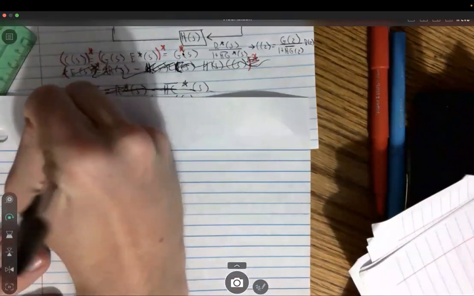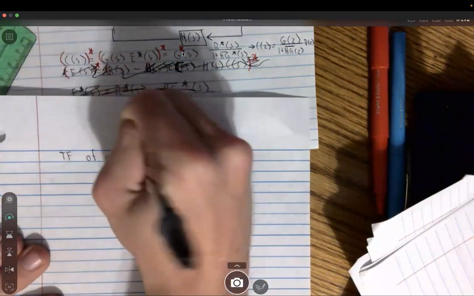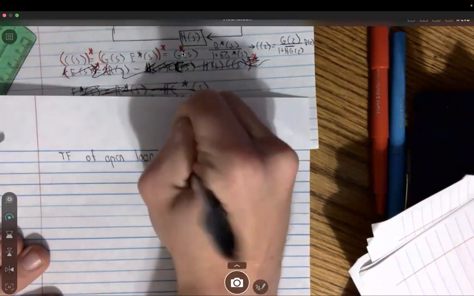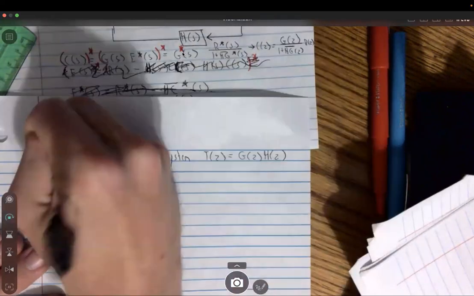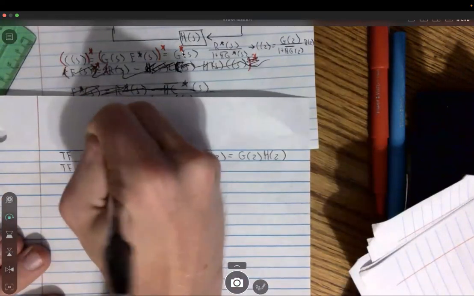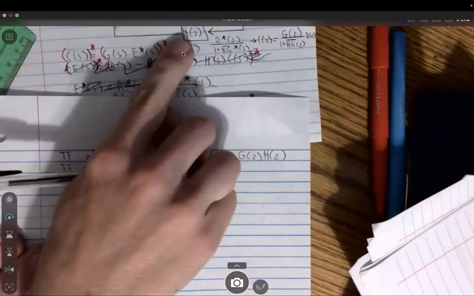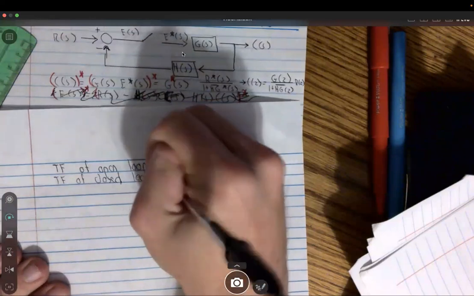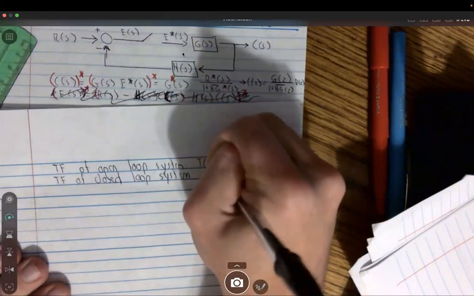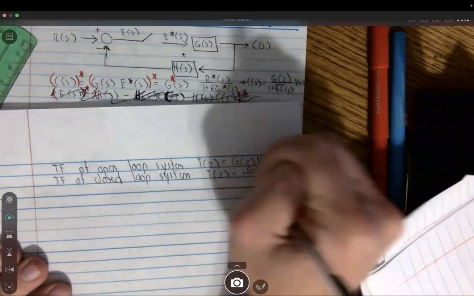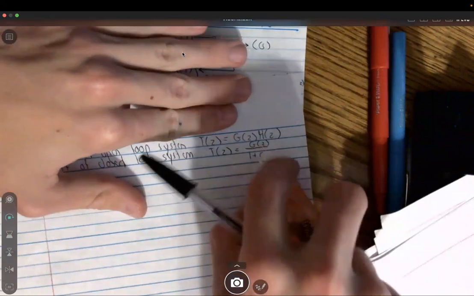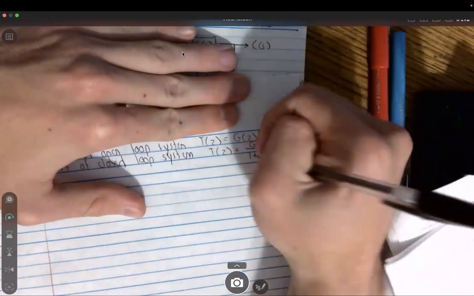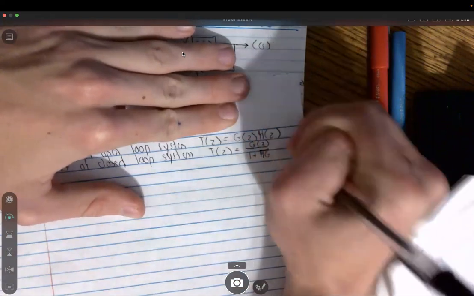You have the transfer function of the open loop system, which we defined as T of Z equal to G of Z times H of Z. But we have the transfer function of the closed loop system, and for this type of configuration, T of Z is equal to G of Z all over 1 plus HG of Z, and that's combined, okay?